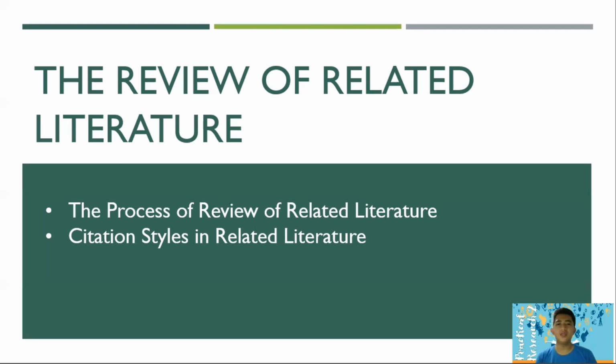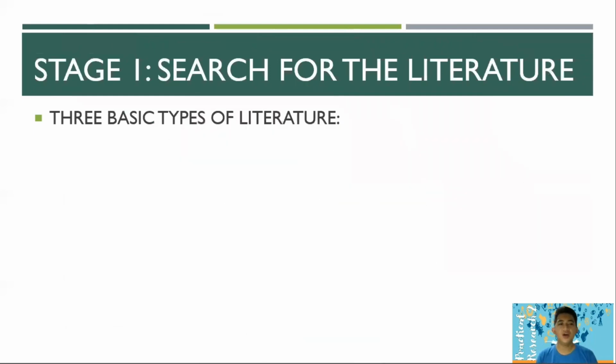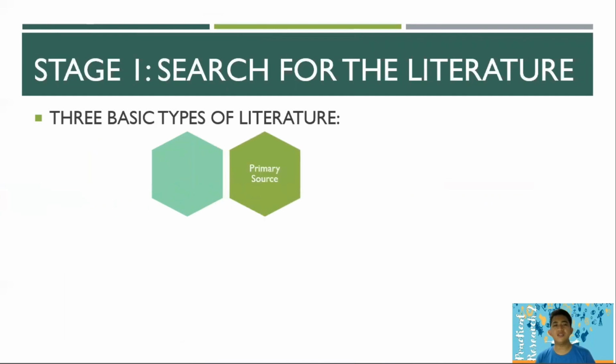So the first one is stage one, which is search for the literature. There are three basic types of literature or sources of literature that we could have. The first one is the primary source.